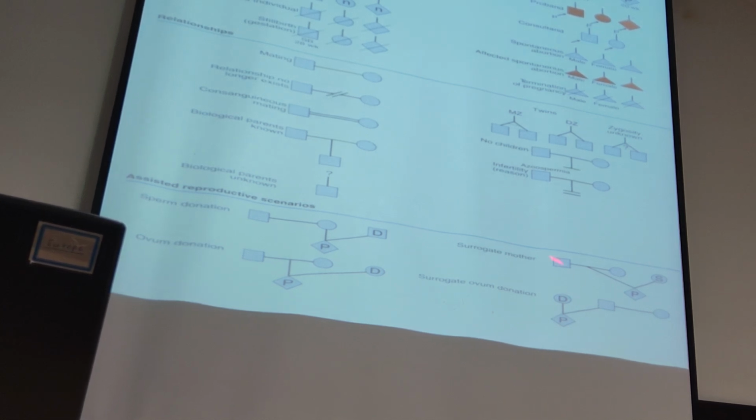And if there is both surrogate and ovum donation, the ovum is from another female, the fetus is grown in the uterus of another female, and the sperm is just from this individual.